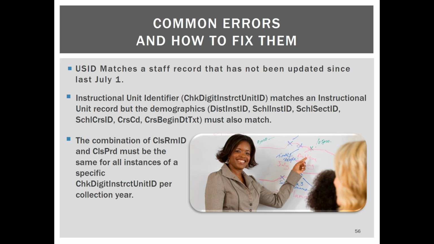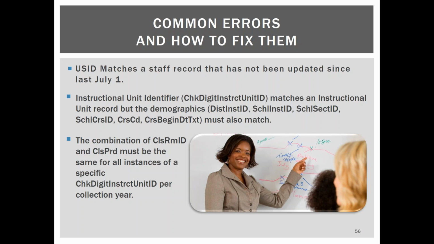The next common one that we get is Instructional Unit Identifier. That's the IUID number. Matches an IUID record, but the demographics, all those ones listed there, must also match. If that's the case, you need to figure out what is wrong. Is your class roster IUID information wrong, or was it submitted wrong in the IUID collection? You may have to actually go to your IUID collection to see what was submitted there to see what doesn't match.